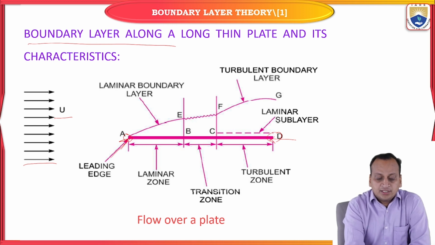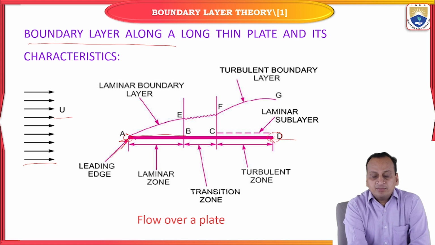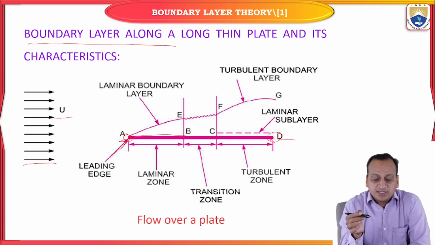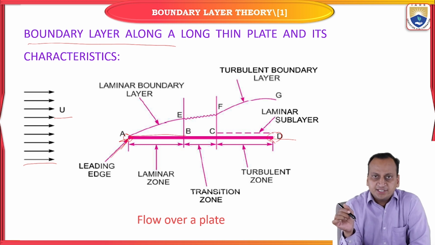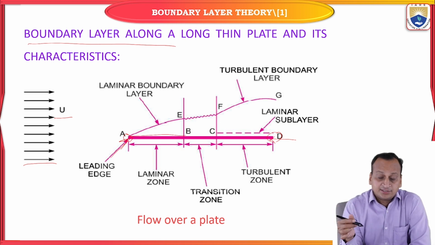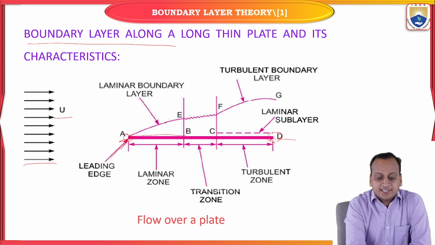Up to a certain length, up to B, initially the first layer of fluid coming into contact with the plate will stick to it on account of viscosity, as we discussed previously while defining the boundary layer theory. Next, the layer adjacent to the sticky layer will be retarded.